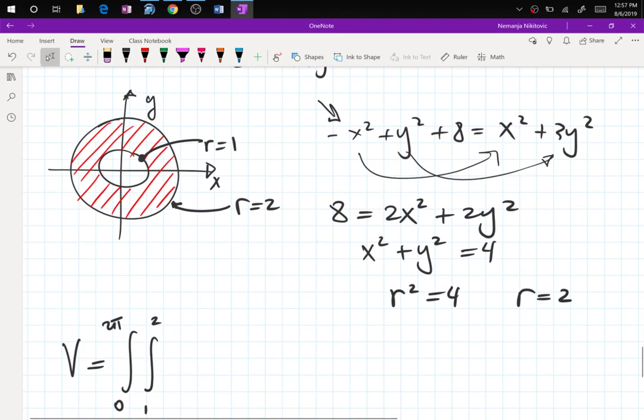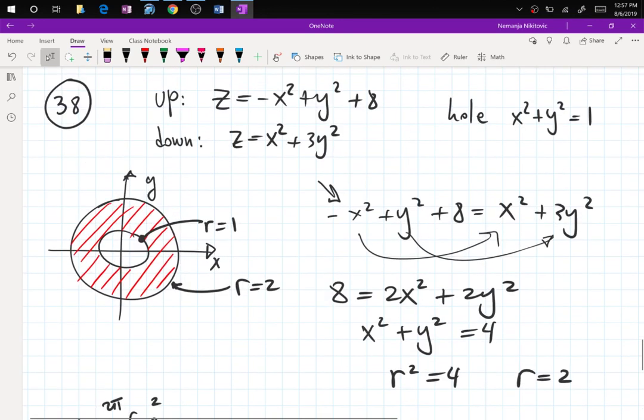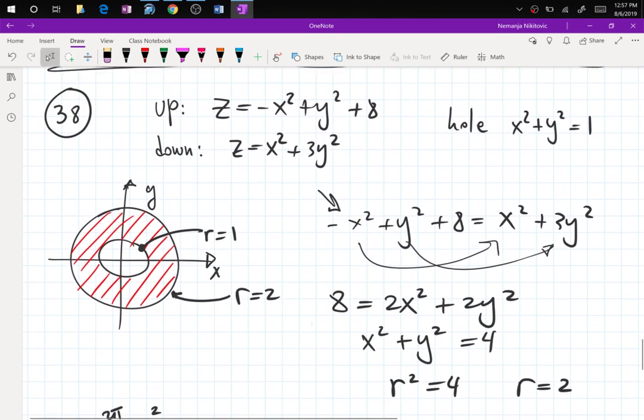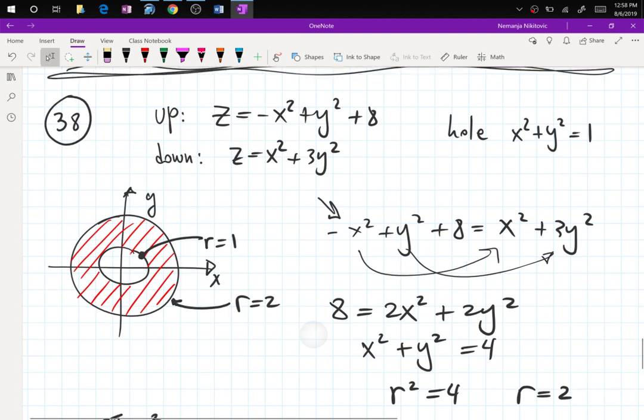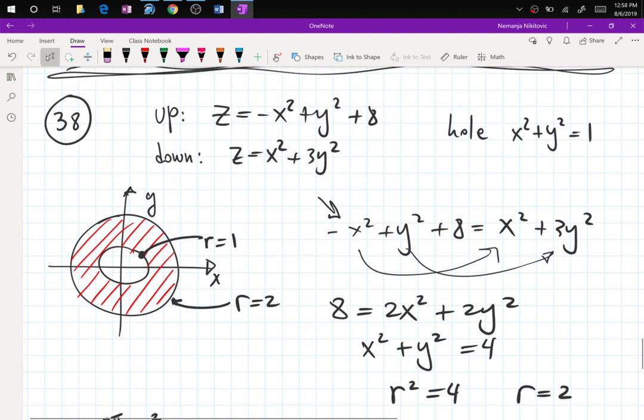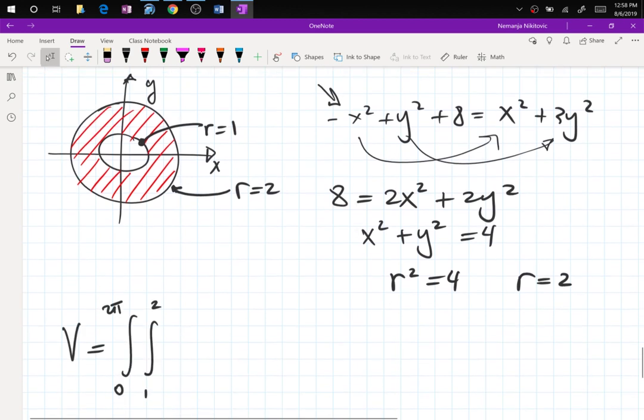We need to subtract upper minus lower, just like you always subtracted the area between two curves, when you're calculating area or volume between two functions. So we're going to have up minus down, and that needs to be done in terms of the coordinates.